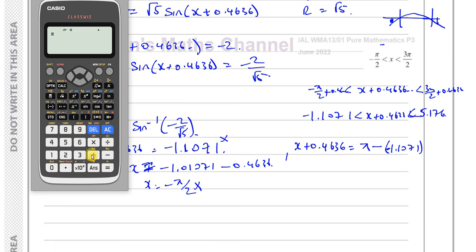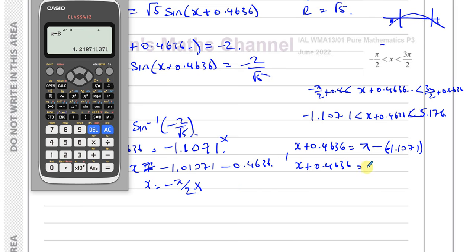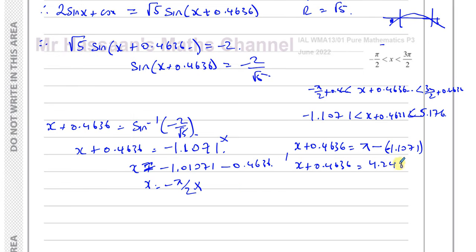So I'll do the same thing: pi minus the answer that we got, which we stored as B. So shift recall, you see B is exactly that, minus 1.1071. So pi minus B is going to give you 4.2487. So x plus 0.4636 is equal to 4.2487.